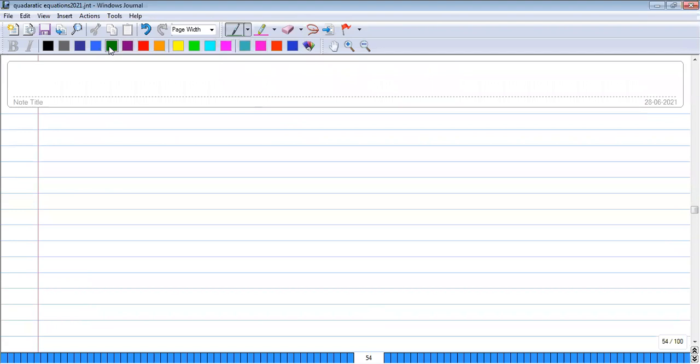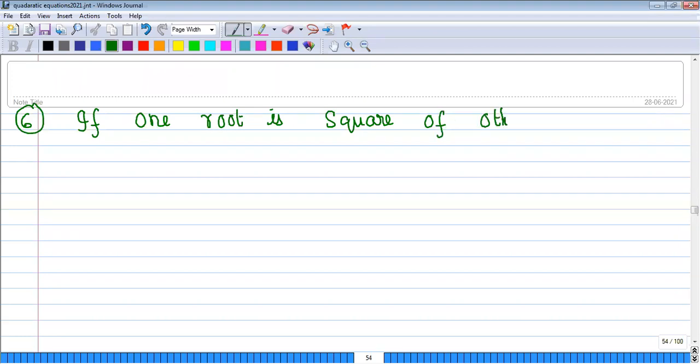Next, sixth concept. If one root is the square of the other, then ac into (a plus c) plus b cube is equal to 3abc.